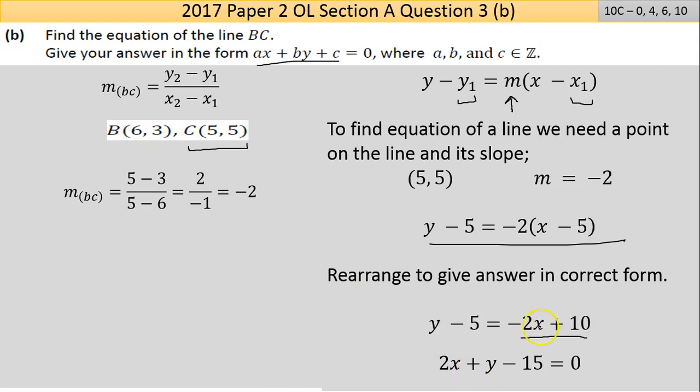When I do that, the -2x is being added on the right side, because it's the opposite on the left. Then the 10 is being added on the right side, so it becomes subtracted on the left. In the same step, I've done that calculation: -5 with the -10 gives you the -15 here. Now, that's everything on ax plus by plus c equals 0, so everything's on one side.